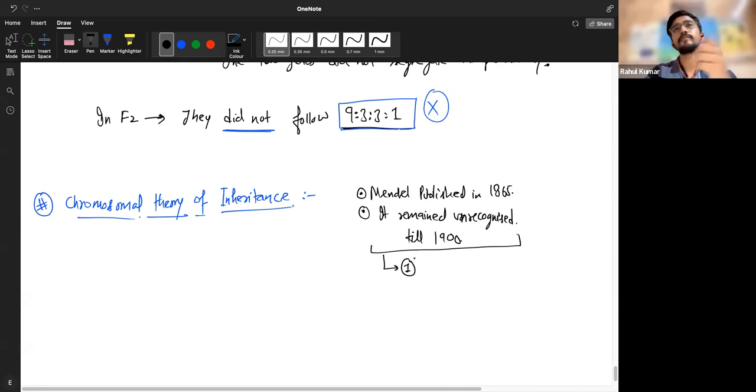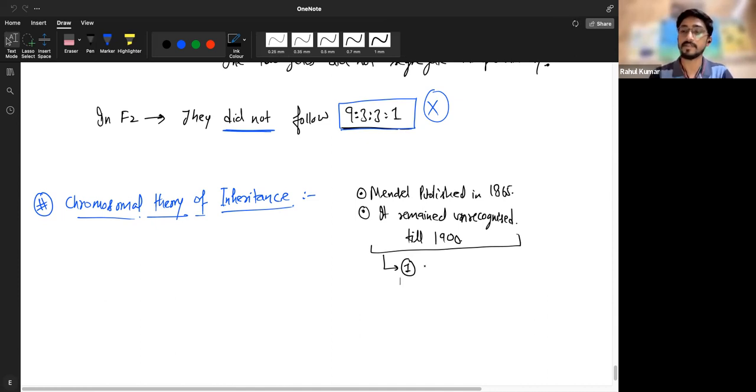So the first reason, besides mathematics, was that when he published, he could not reach a wider audience or a larger number of biologists, because Mendel himself was not a biologist. He had his formal education in physics, and he liked mathematics a lot, and he was working at that time as a priest.